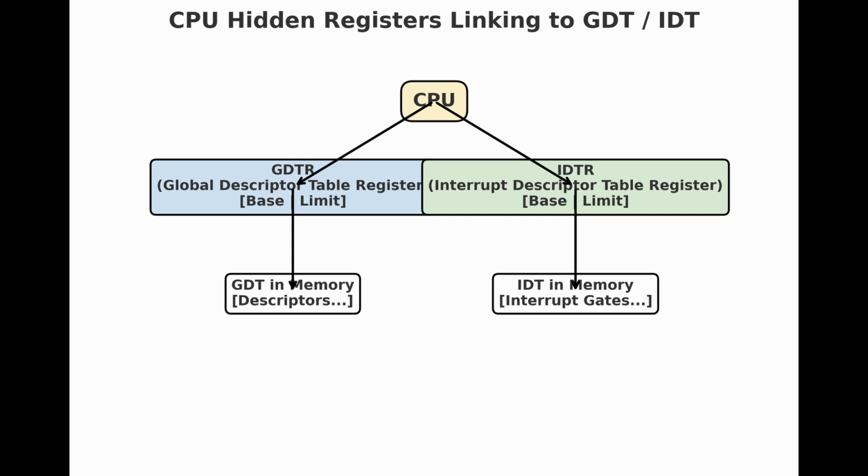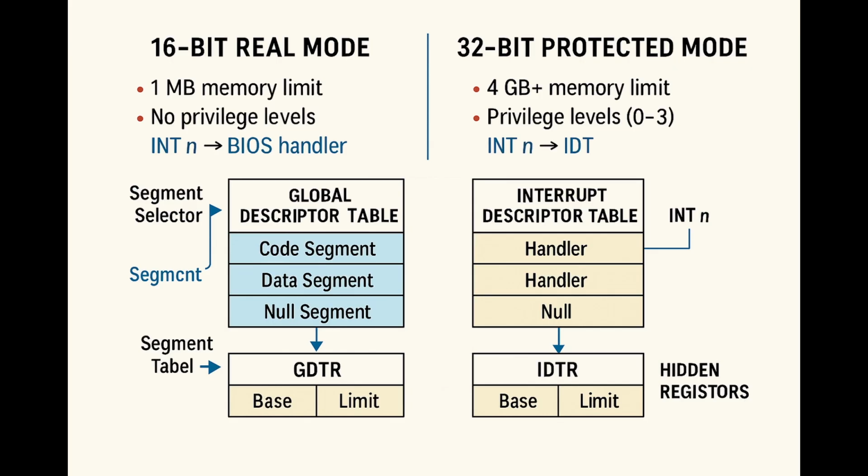To make this jump, we need two key data structures. The first one is the global descriptor table, GDT, and the second is the interrupt descriptor table, IDT. The GDT tells the CPU how segments map to memory: code, data, stack, all defined here.